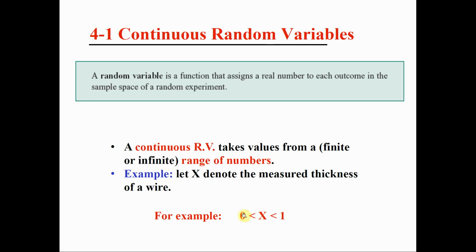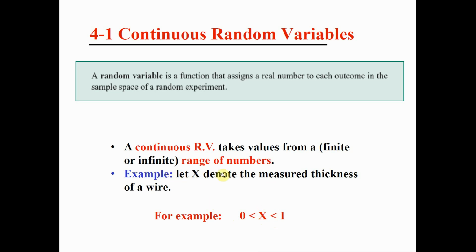So in this case, x takes values from a finite range of numbers between 0 and 1, although the values of the variable x itself could be infinitely many, because from 0 to 1, yes, the range is finite, but we have infinitely many different values between 0 and 1. So this is a continuous range.